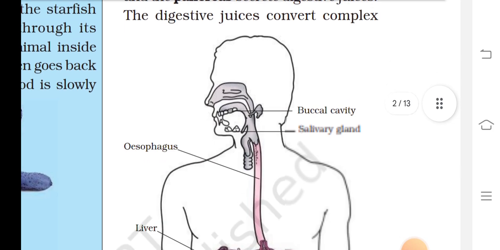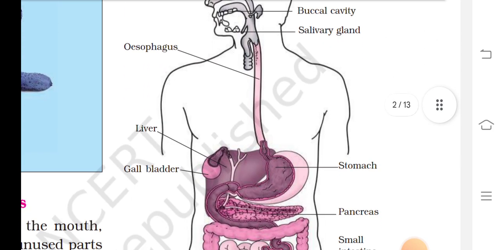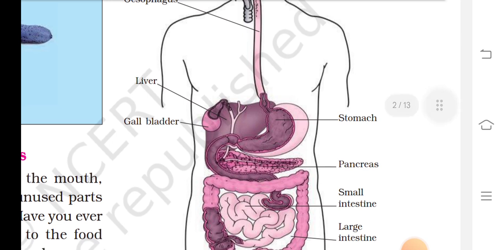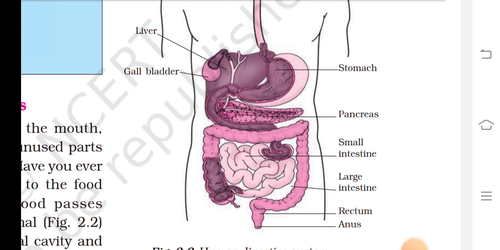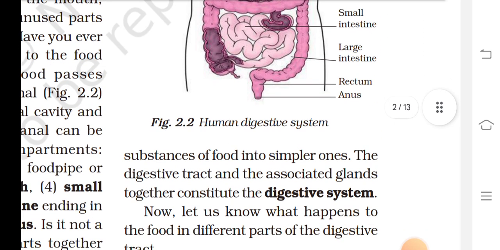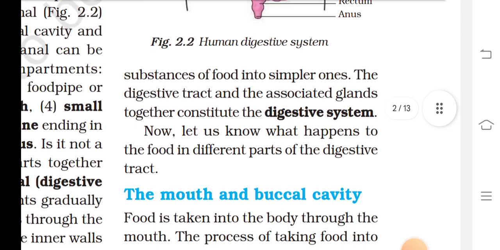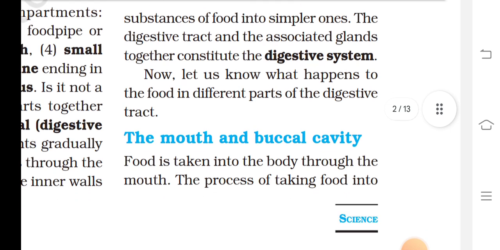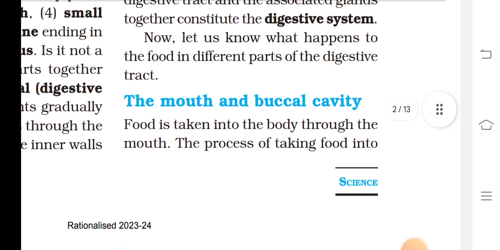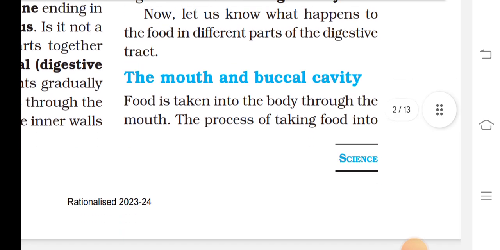The digestive juices convert complex substances of food into simpler ones. The digestive tract and the associated glands together constitute the digestive system: buccal cavity, salivary gland, esophagus, liver, gallbladder, stomach, pancreas, small intestine, large intestine, rectum, anus.